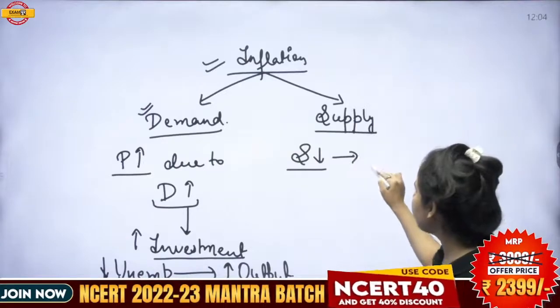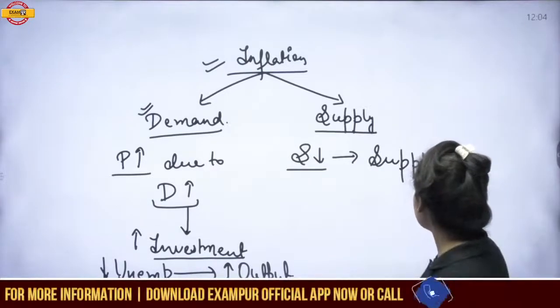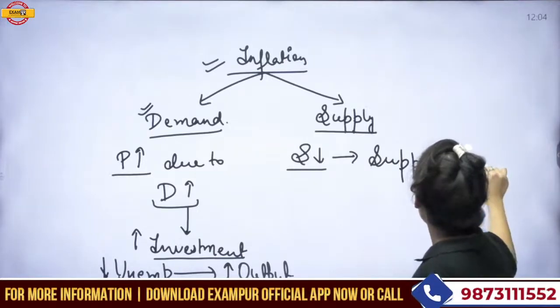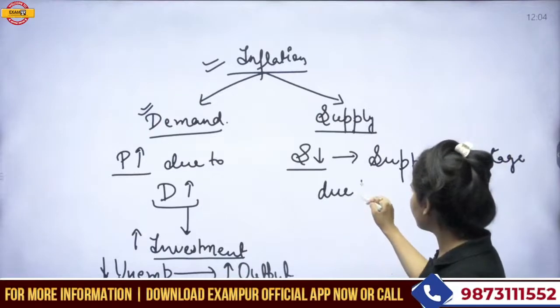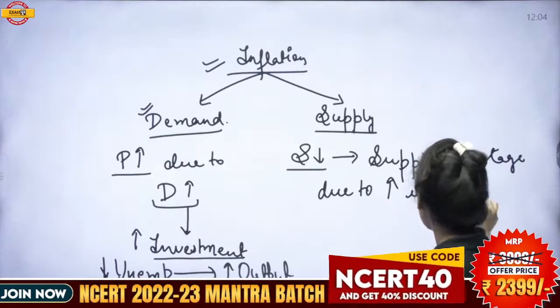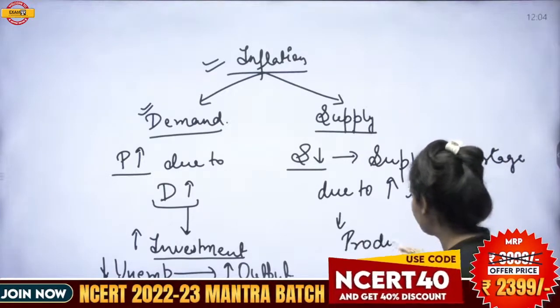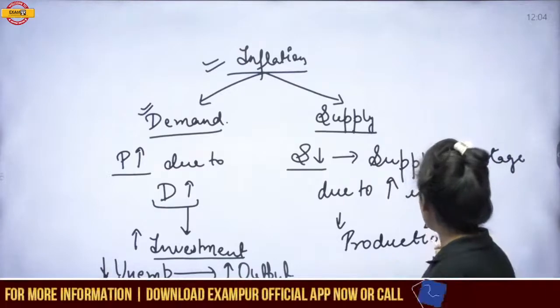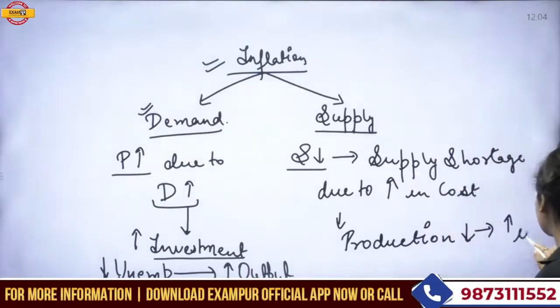And what kind of impact do you see on the supply side? If you see any supply shortage due to an increase in cost, that would reduce the level of production. If production is going down, it leads to an increase in unemployment.